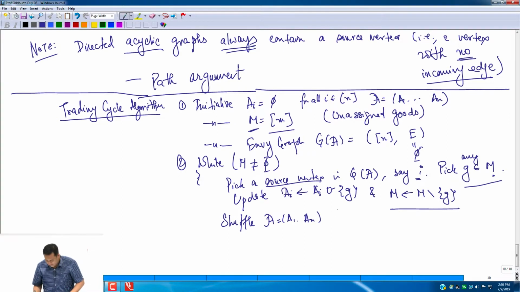I'll shuffle A, if required, to ensure that GA is acyclic.